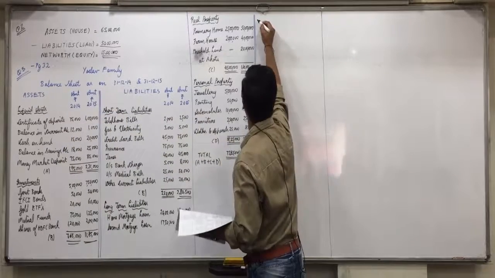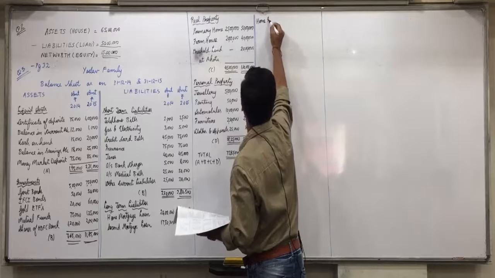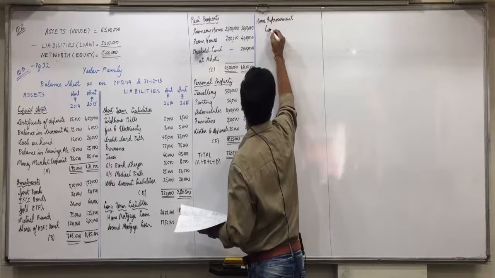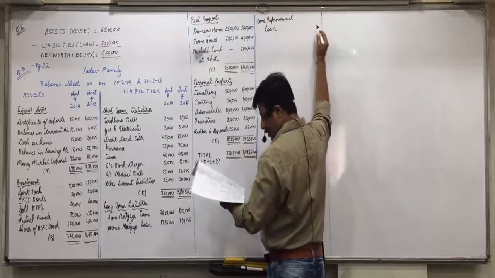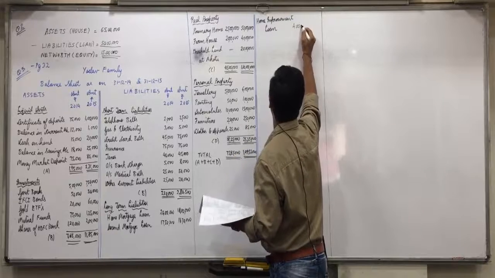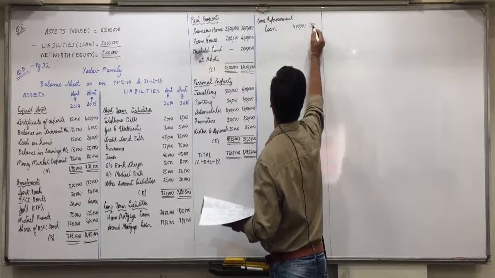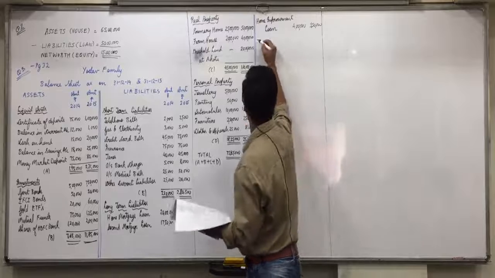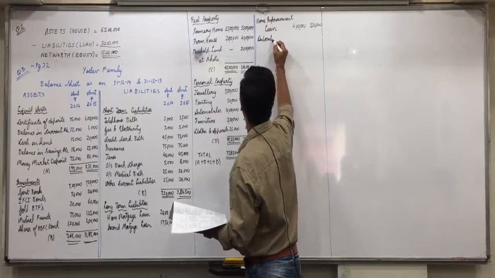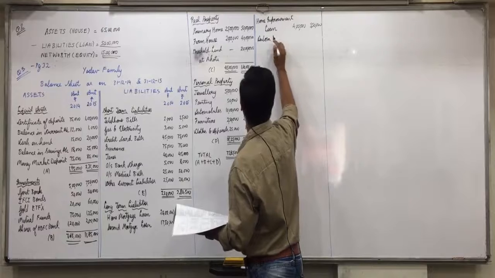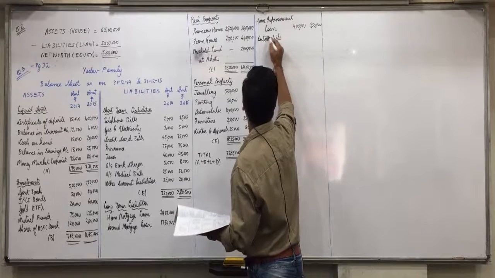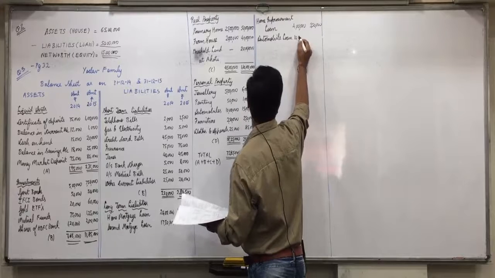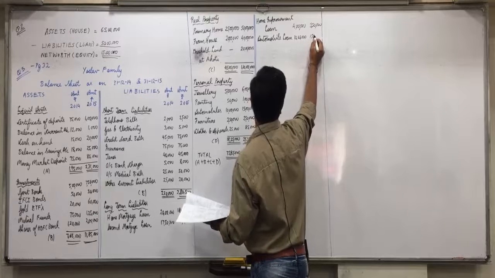Then home improvement loan, four lakhs and 3,50,000. Then automobile loan, 10 lakhs and 15 lakhs.